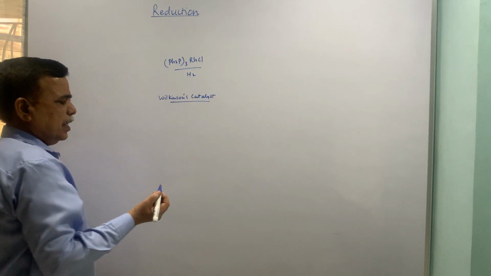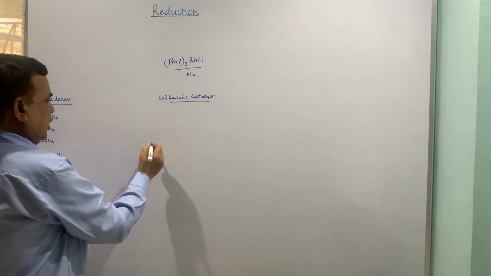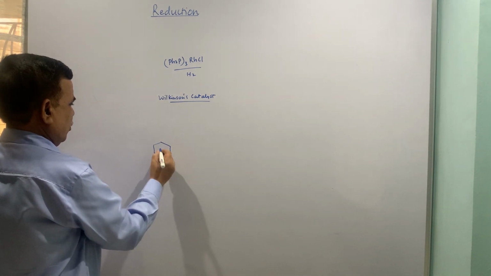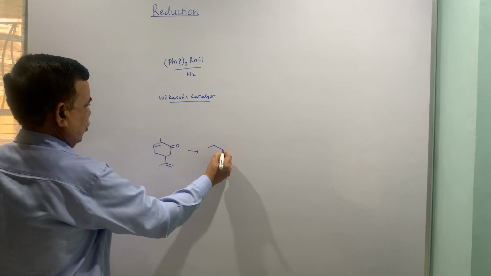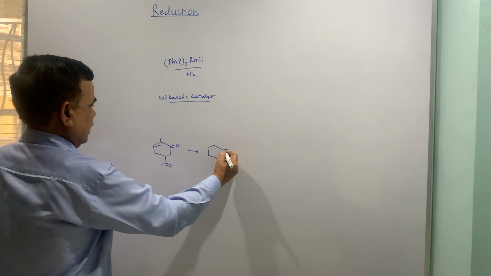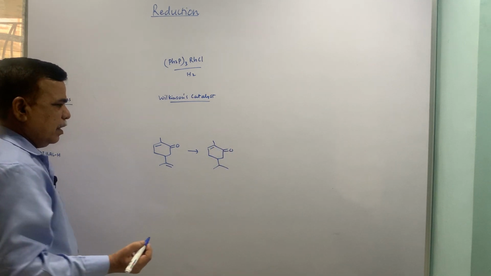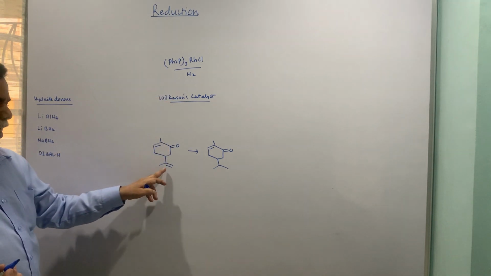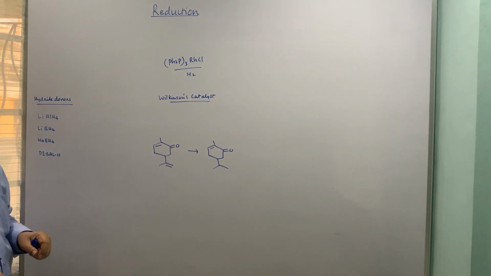Now the beauty of this reagent is it reacts only with the isolated double bond. Now let me put one example here. See, there are two double bonds, but this interacts only with the isolated one. So this is the specificity of this reagent. It reacts only with the isolated double bond and doesn't react with the conjugated double bond.